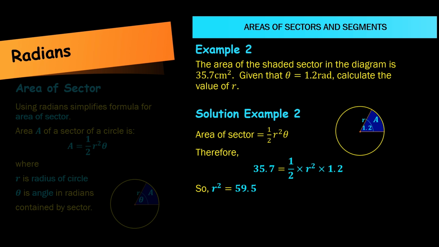And so rearranging the formula gives us that r squared equals 59.5. So square rooting gives us r equals 7.71 centimeters. Of course, we don't take the negative root because radius cannot be negative.